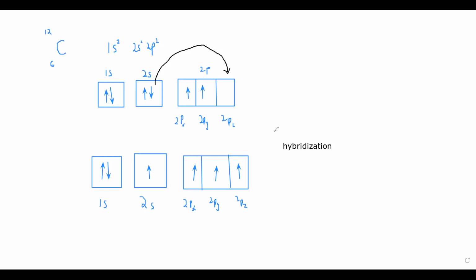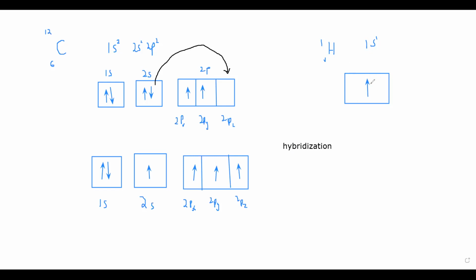Now how does it form a bond? Say it is forming a bond with hydrogen. Hydrogen has only 1 electron, so its electronic configuration is only 1s1. 1s1 means there is only 1 electron available. For sharing, a covalent bond is formed by overlapping of the orbitals.